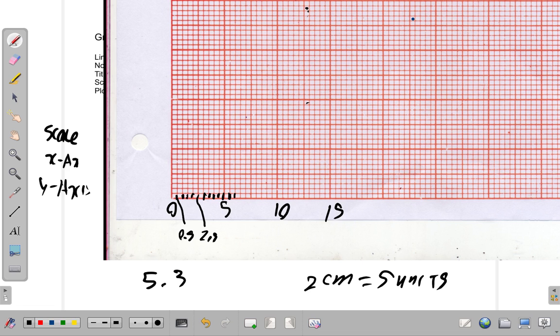This is 5.5, because each division is 0.5. Exactly halfway between this and this is 5.25. So what you do, find halfway and go a little bit to the right. And right along here is about your 5.3. So it's really an estimate of where your 5.3 is.